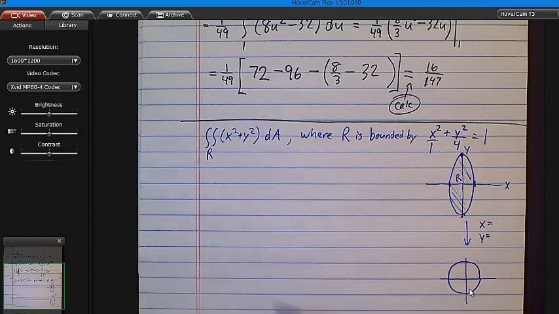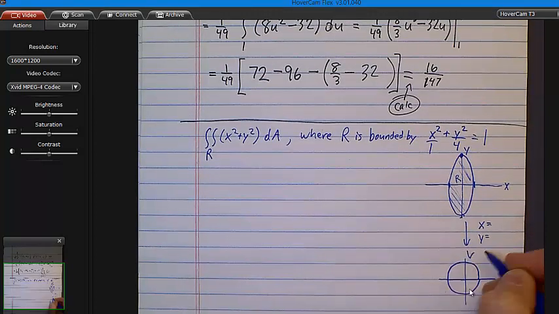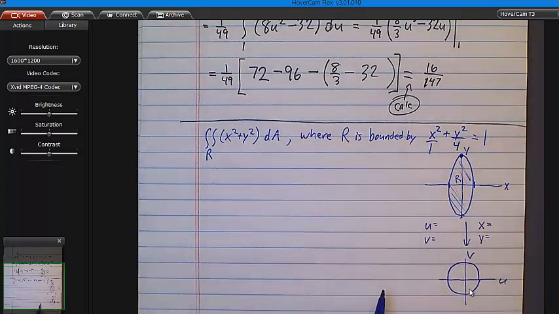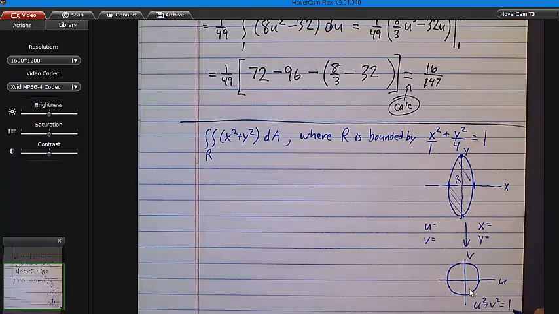Eventually you may jump right to this, but let's talk about how u and v are related to x and y. What's the equation of the unit circle? Let's go with that. We want u squared plus v squared to equal 1.